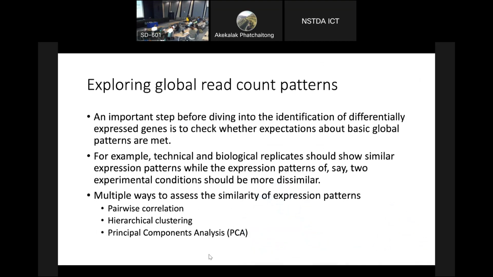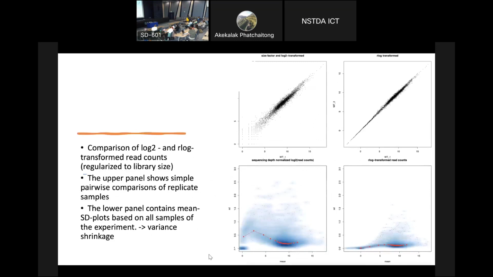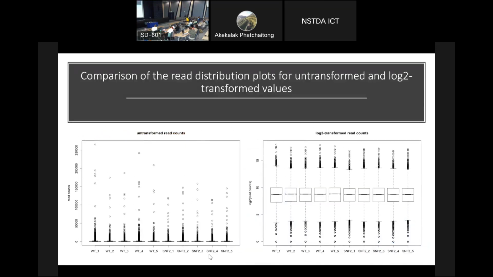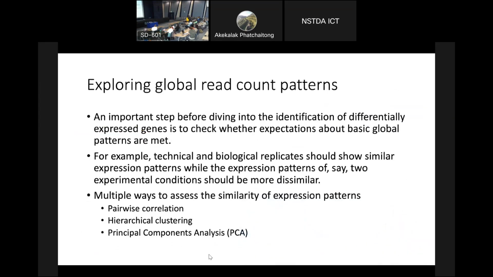Okay, now, let's just recap a little. You're done with the count, you have done normalization, you have done transformation. You should do some visual inspection at this point to make sure that things are still okay, right?